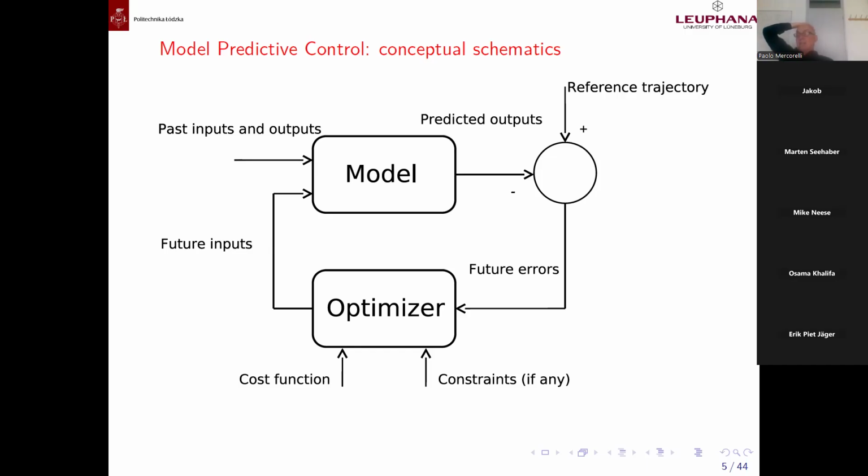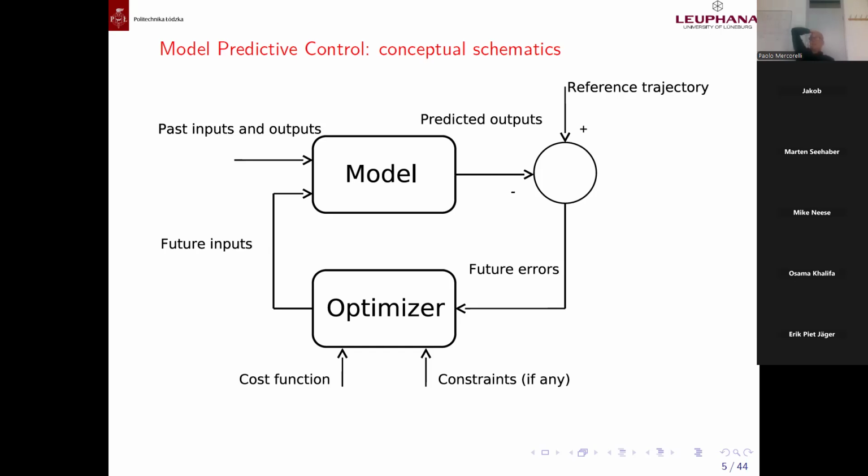We have a vector of elements of the reference trajectory, which I know in advance, because the goal must be known in advance. We have predicted outputs, and the difference in between generates future errors. So predicted means future output. And this future error can be optimized. I mean, I will try to find future inputs, including the actual input, of course, which minimize the errors.